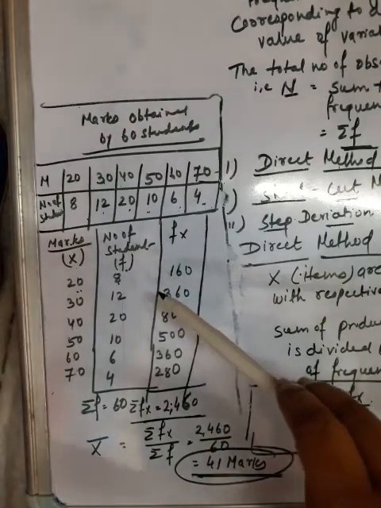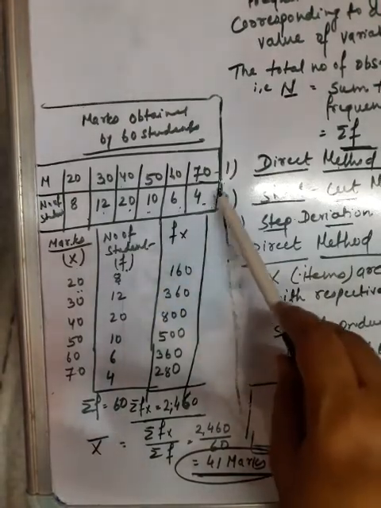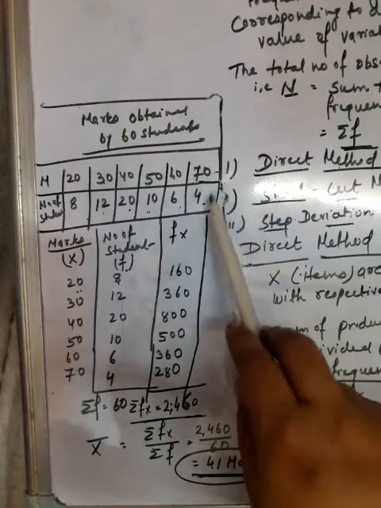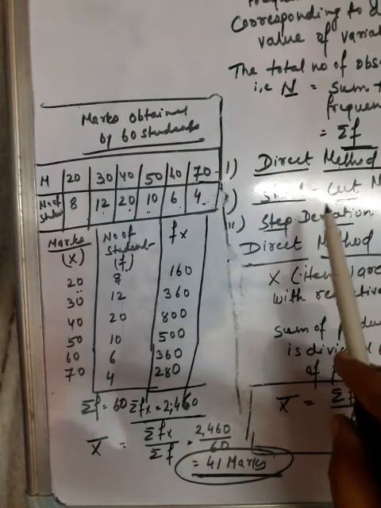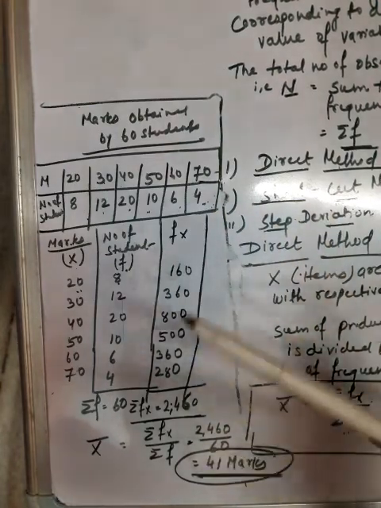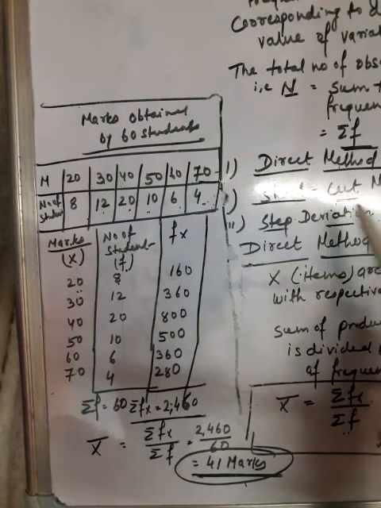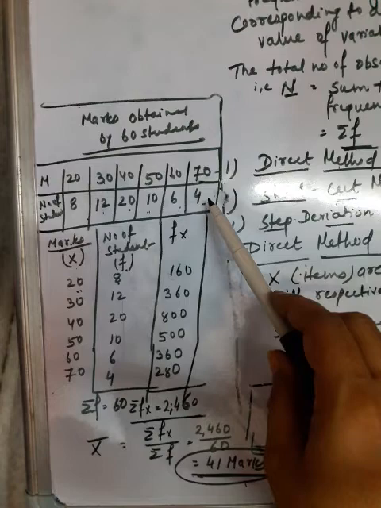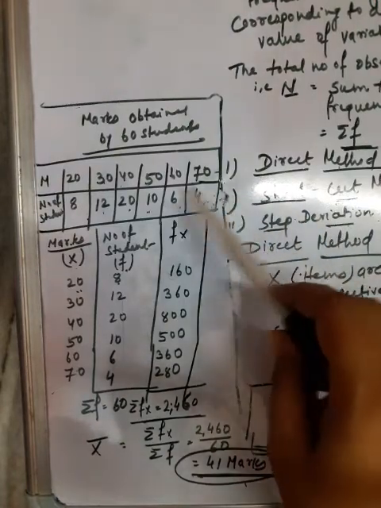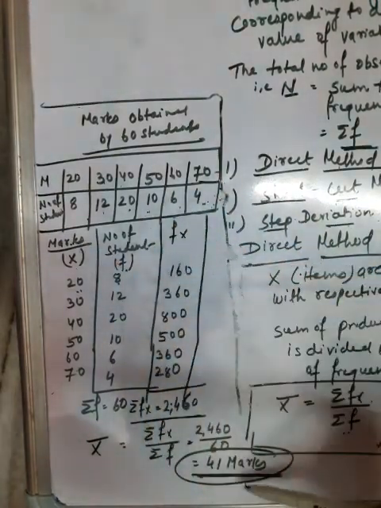I will take this data and calculate mean with shortcut method, or with step deviation method, and I will get the same result.